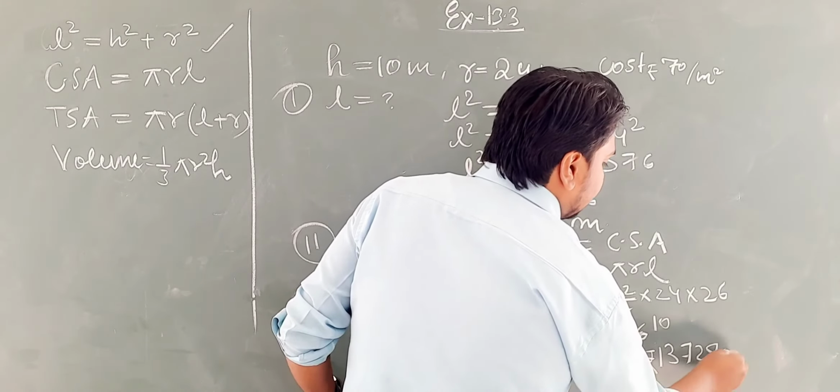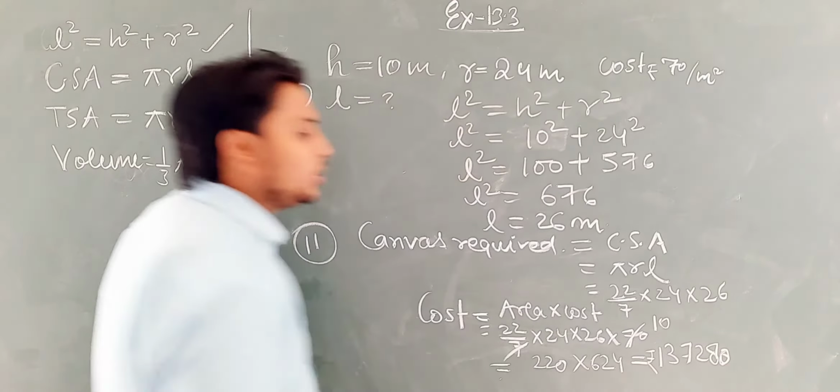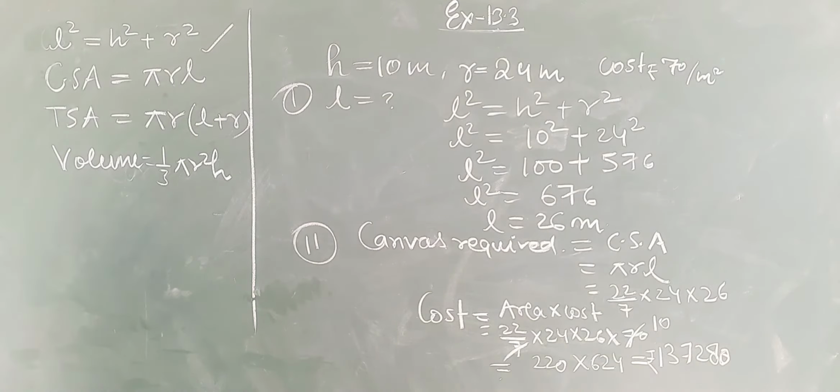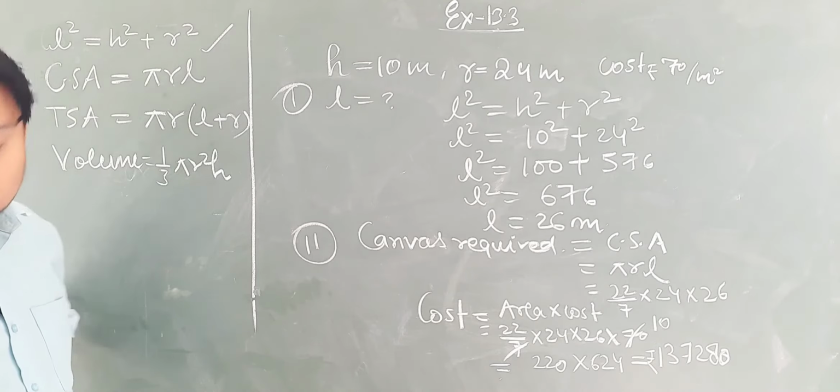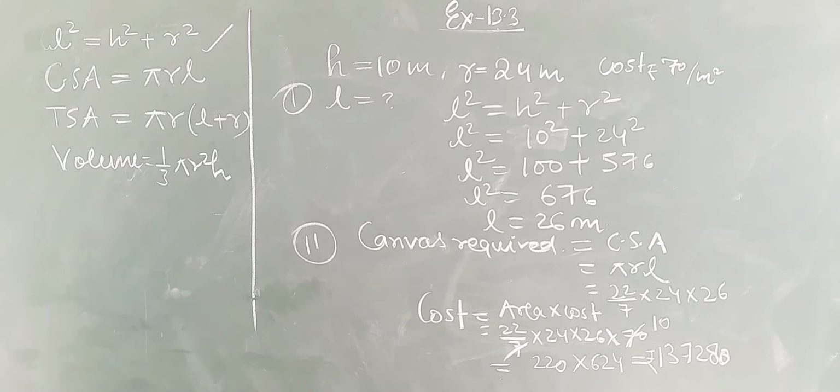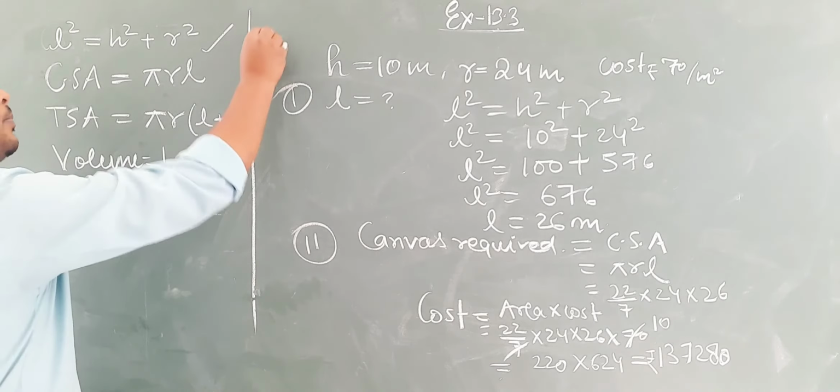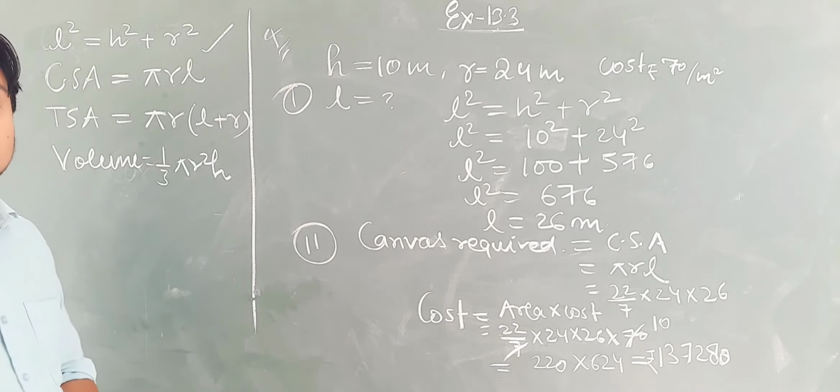You will calculate it, and after calculation you will get 137280 rupees. So this is the solution of question number 4. Now you can pause the video and note it down.